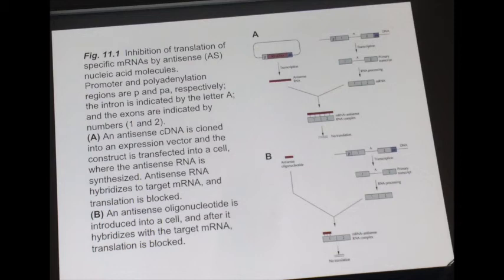It hybridizes to the message. Again, if it's a strong enough hybridization, if it's a stable construct, it prevents the message from being translated. Eventually, the message or the message-antisense RNA complex is going to be degraded.